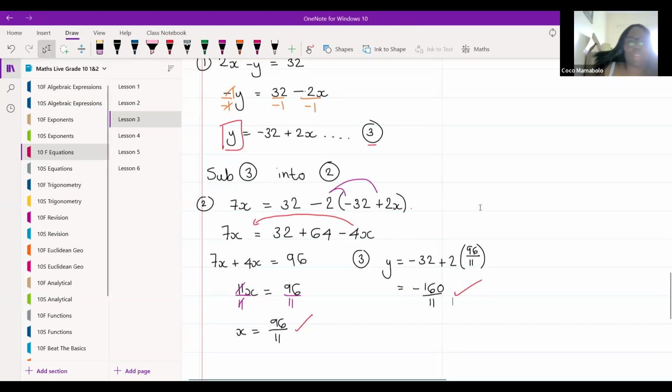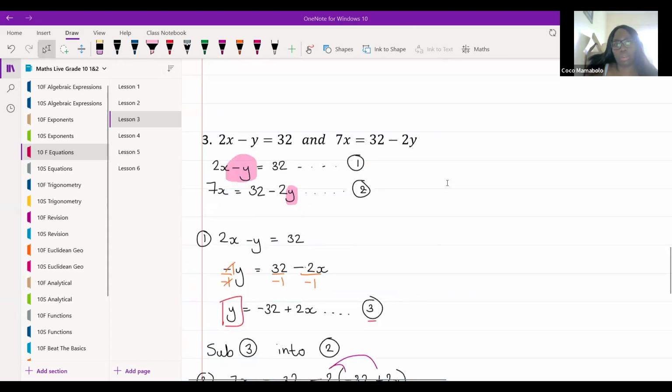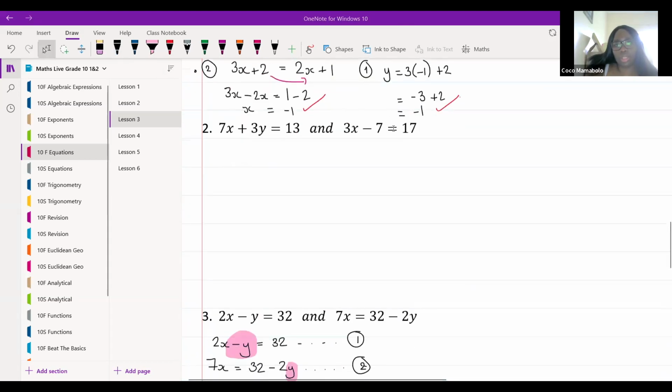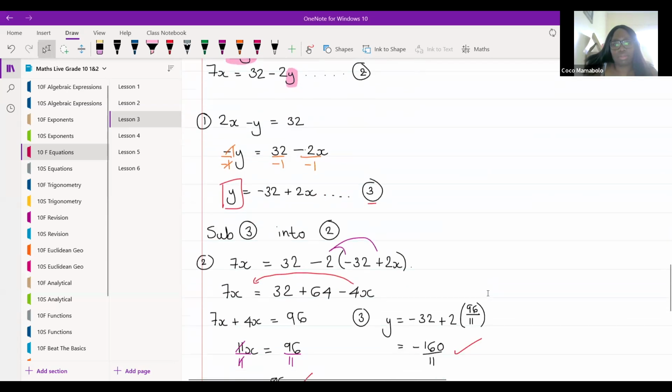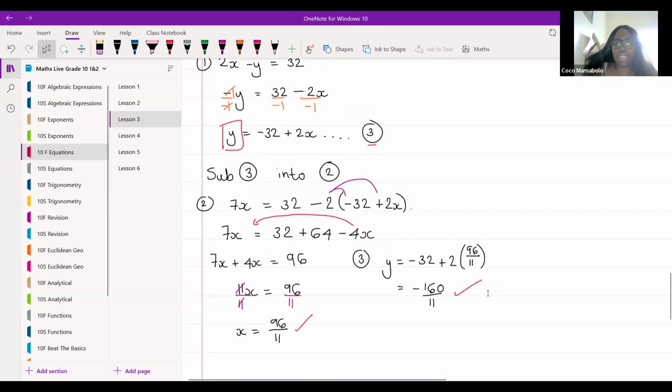Okay, can we try another question using substitution? If we said the answer as a decimal, is it going to be wrong or is it still right? You mean if you click the SD button and get an answer? No, it won't be wrong, but fractions usually are more accurate than anything else.